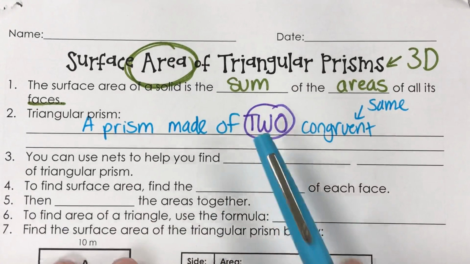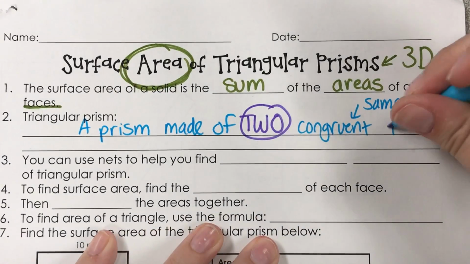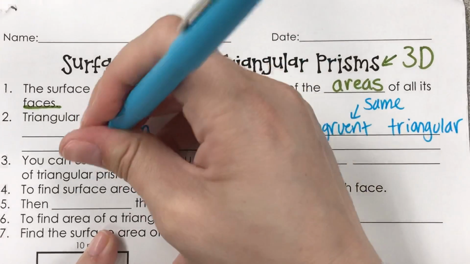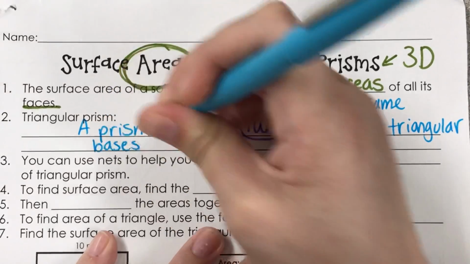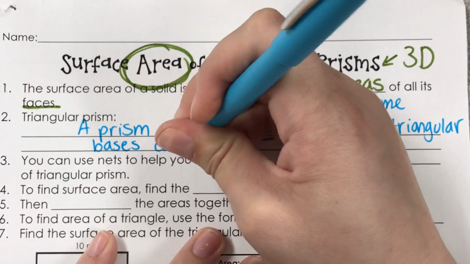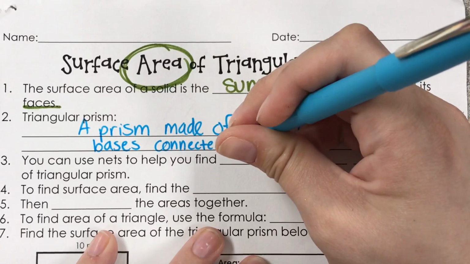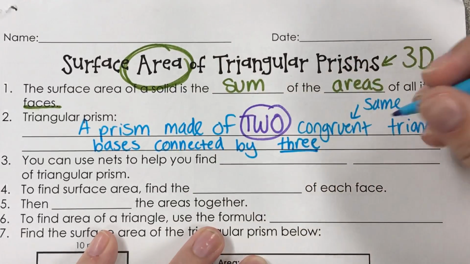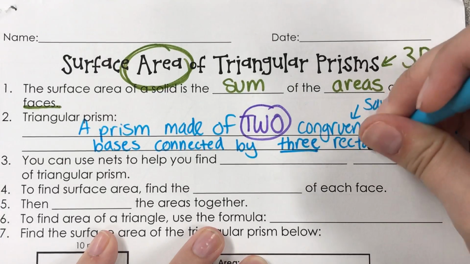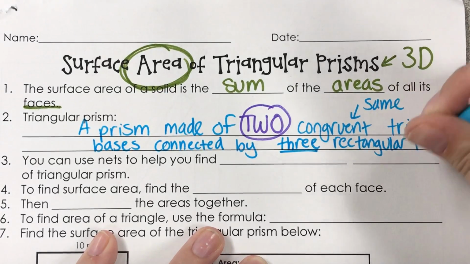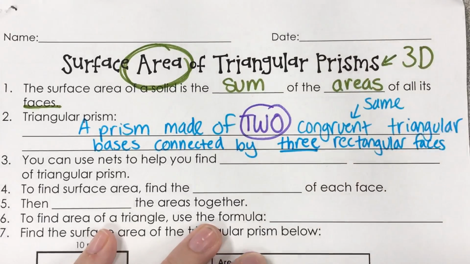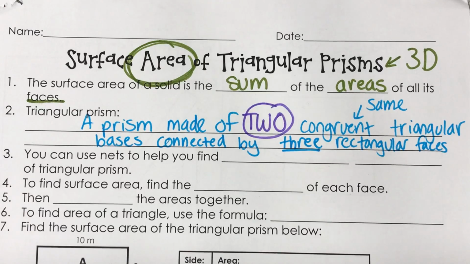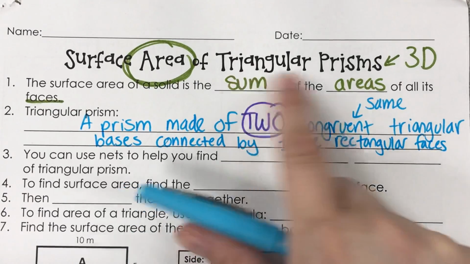A prism made of 2 congruent triangular bases connected by 3 rectangular faces. So instead of having 6 rectangular sides when we're talking about rectangular prisms, now we're talking about triangular prisms.